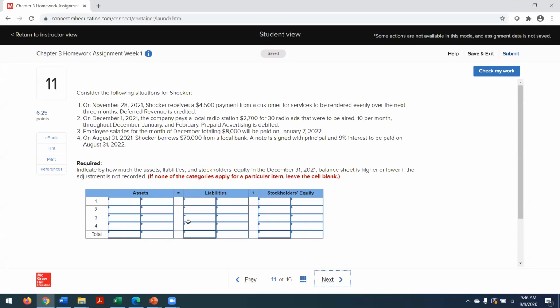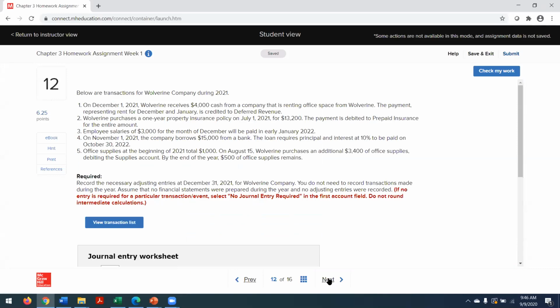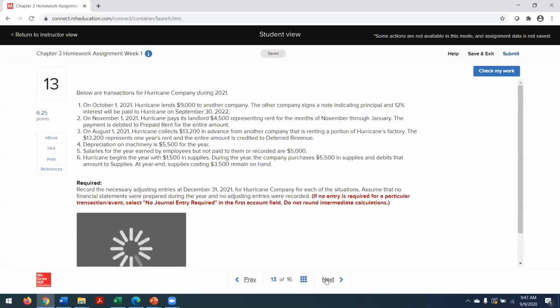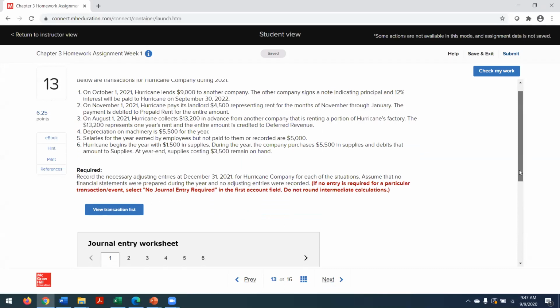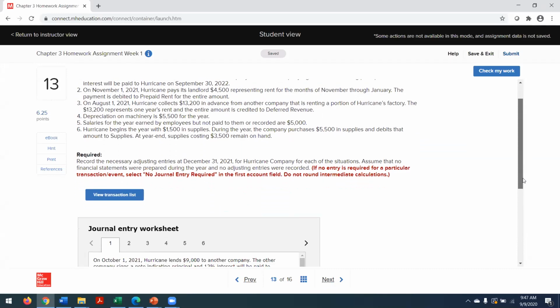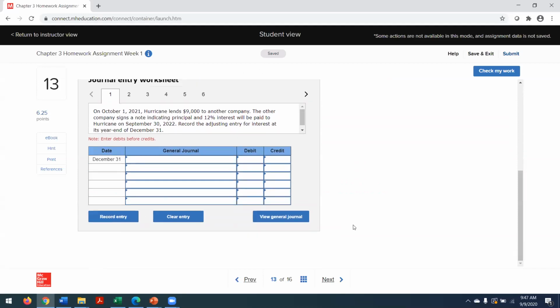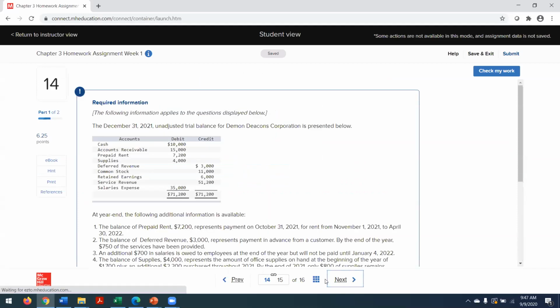This one is showing how this affects our assets, our liabilities, and our stockholders' equity. Again, journal entries. You know, guys, this is the best way to learn, is by doing the problems and mastering the concepts.